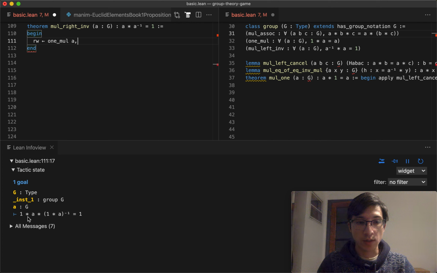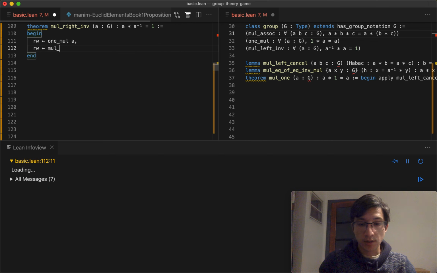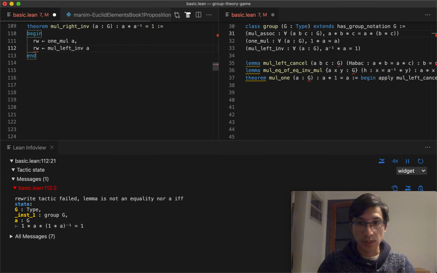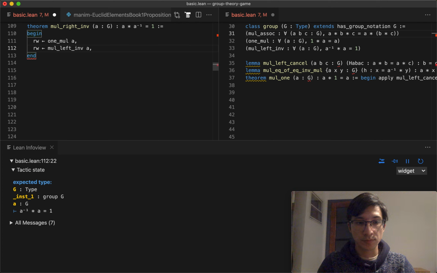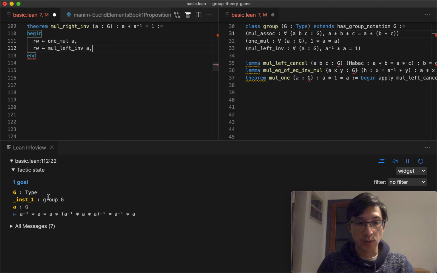So now we see a 1 that appears behind the A, and we could then try to use mul_left_inverse again in the left direction with argument A. And so we see that we're getting a more and more complex shape here. And if we want to simplify this, we'll actually get back to the initial state. So this isn't really bringing us anywhere.